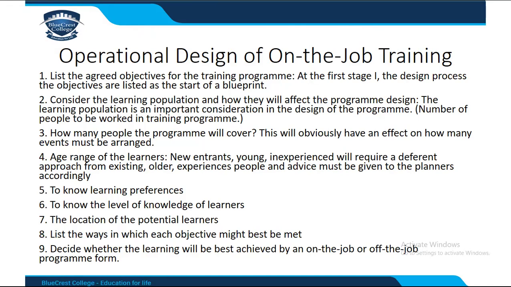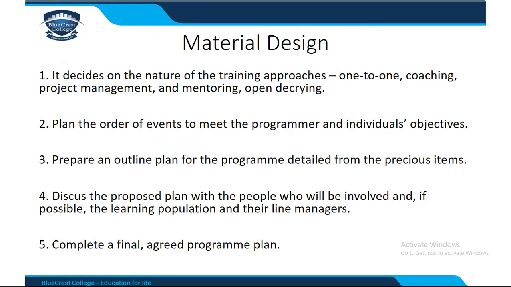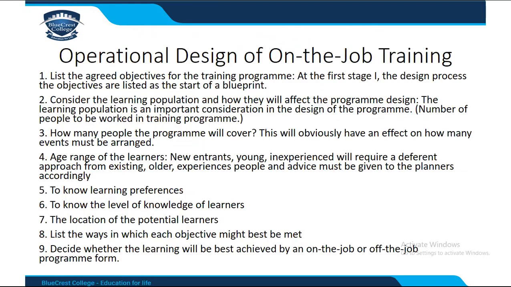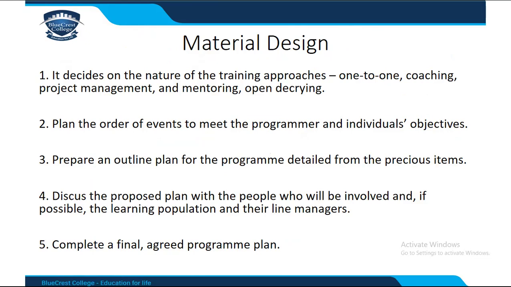You also need to list the ways in which each objective might best be met. Depending on the number of objectives you have, you need to check how each of the objectives will be met. And then you need to decide whether the learning will be best achieved by an on-the-job or off-the-job training form. Once you decide that, the operational design is done.